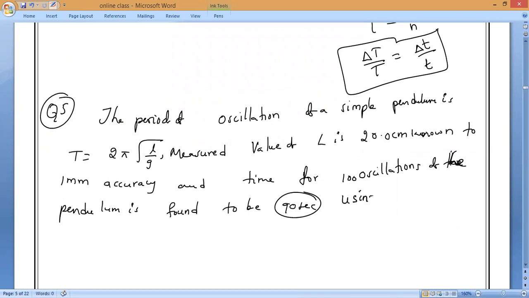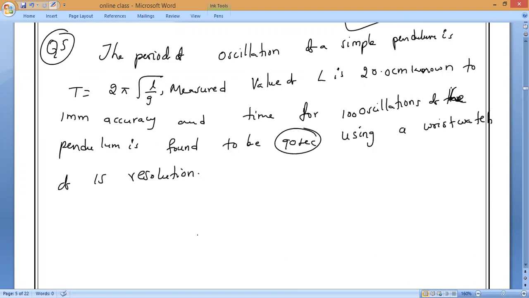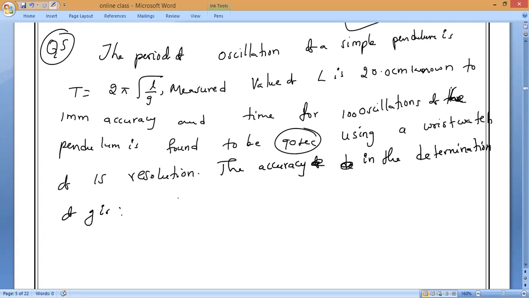Okay, 90 seconds using a wristwatch of 1 second resolution. The accuracy of determination of G is, the accuracy in the determination of G. JEE Main 2018.